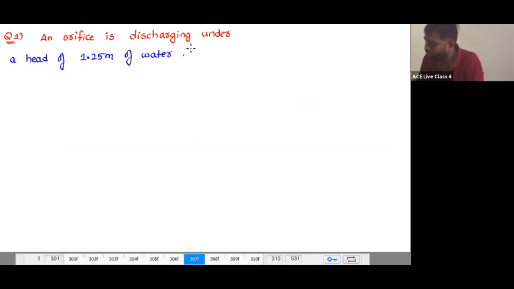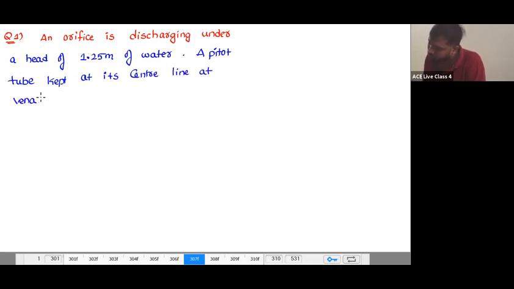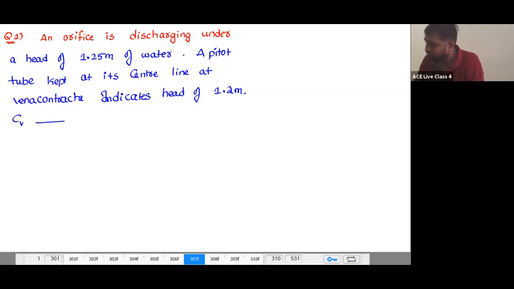A pitot tube kept at its center line at the vena contracta indicates a head of 1.2 meters of water. Then the coefficient of velocity is. This is the question.